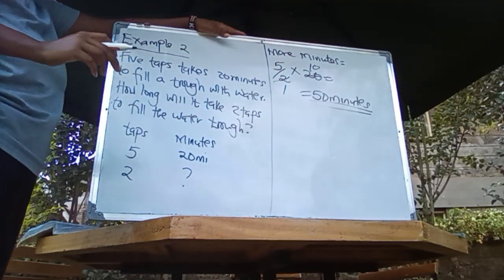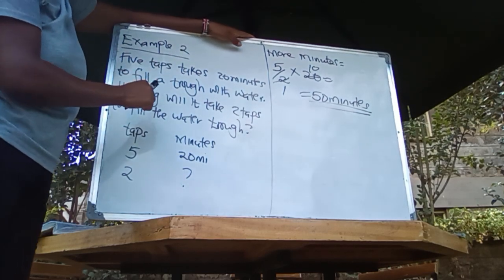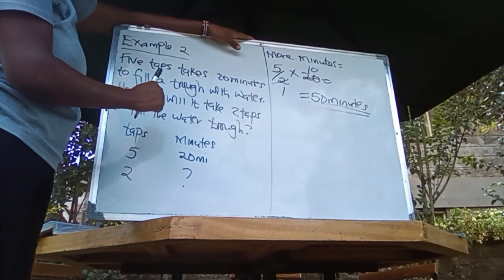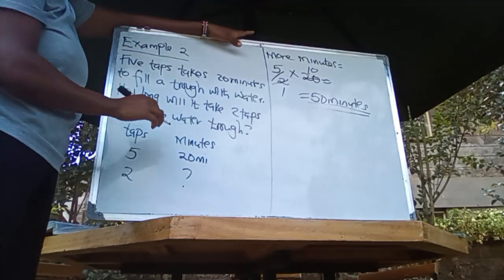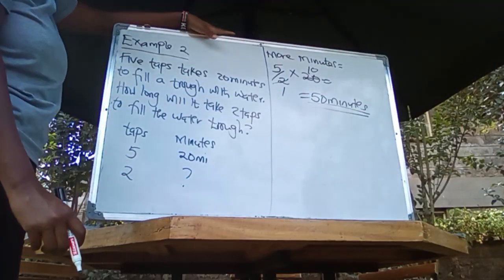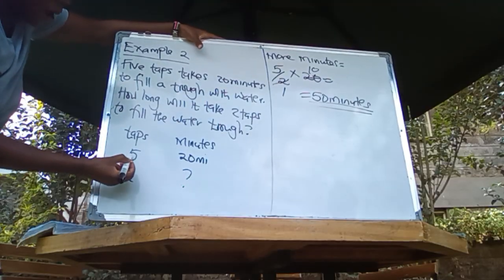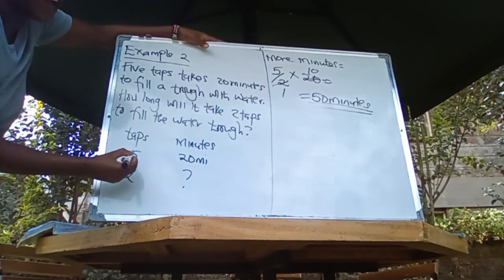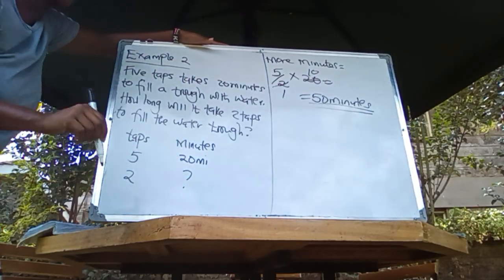People complicate you for nothing when they are teaching indirect proportion. That's why you think it's hard. No. This is a matter of using your mind and thinking. This one needs a lot of thinking compared to direct proportion. It is a matter of asking yourself a question. If 5 taps are taking 20 minutes, and now they have reduced to 2 taps, are they going to take more minutes or less minutes?